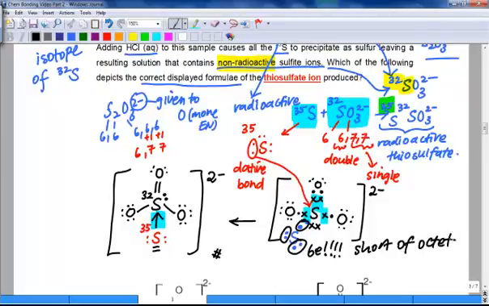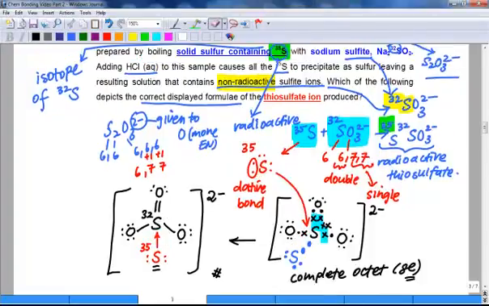So of course, instead of the terminal giving to the central, I have to change the direction of my dative bond from the central sulfur atom to the terminal sulfur atom, okay, and I would have to remove this 2, place it back on the terminal sulfur atom and use up these 2 lone pairs, okay, and dative bond to my terminal sulfur atom.